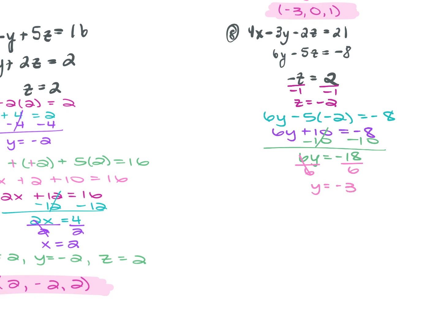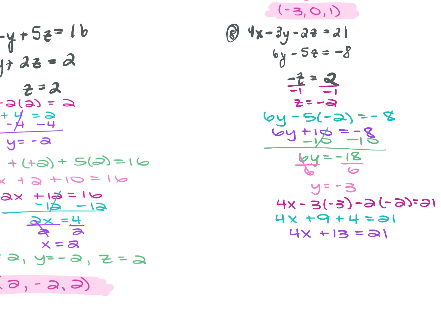Now that you have y and z, plug those both into the top equation and solve for x. That leaves you with 4x minus 3 times negative 3 minus 2 times z, which is negative 2, is equal to 21. 4x stays. Negative 3 times negative 3 is a positive 9. Negative 2 times negative 2 is a positive 4. That gives us 4x plus 13 is equal to 21. Subtract the 13 from both sides.